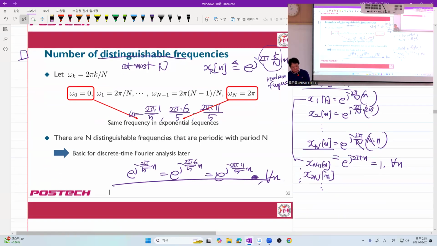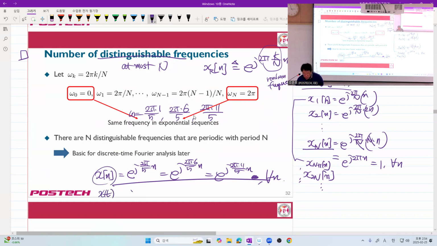This is significantly different from the continuous time case. So for example, suppose you have continuous time signals, e to the j 2 pi over 5 t, e to the j 2 pi 6 over 5 t, e to the j 2 pi 11 over 5 t, defined for all t.